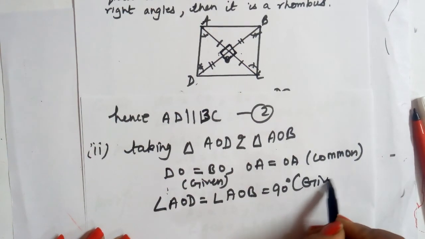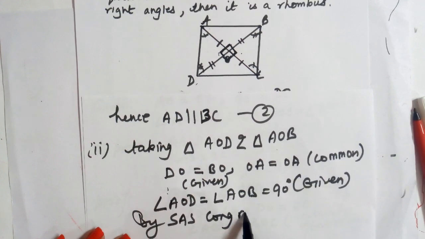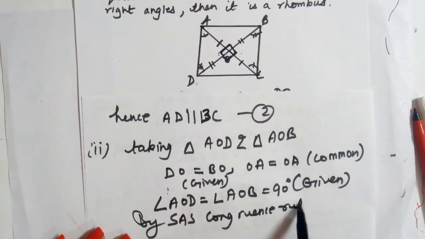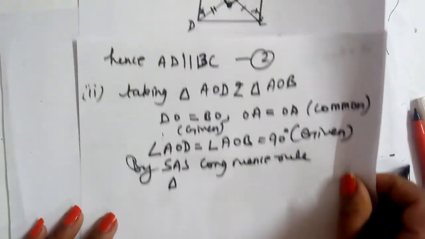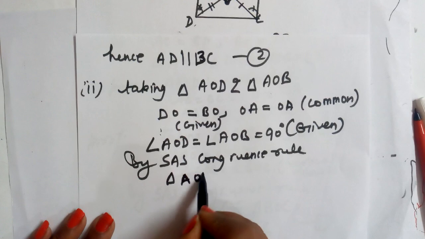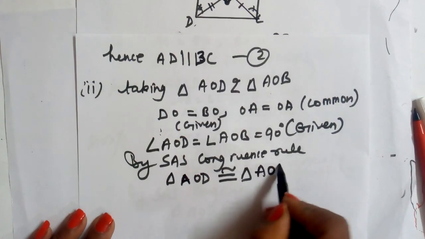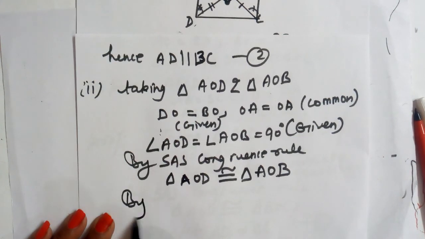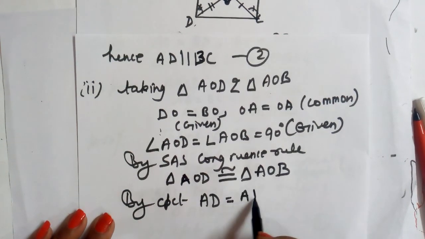This is also given. So by SAS congruency rule, triangle AOD is congruent to triangle AOB, yes, and by CPCT AD is equal to AB.